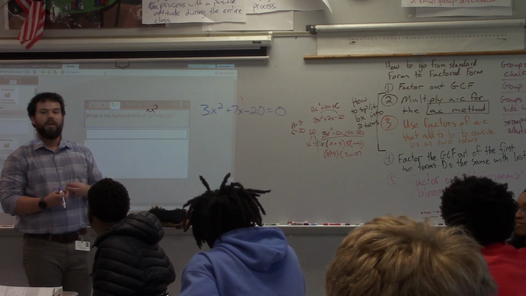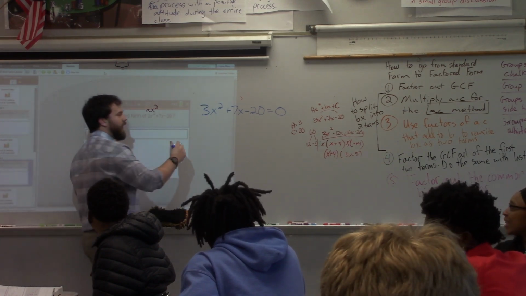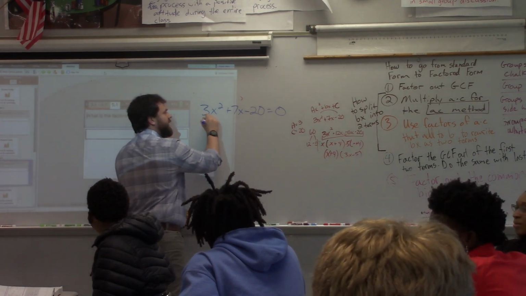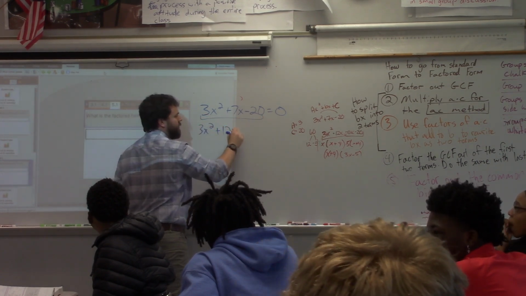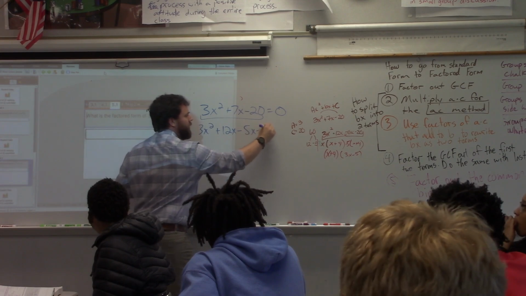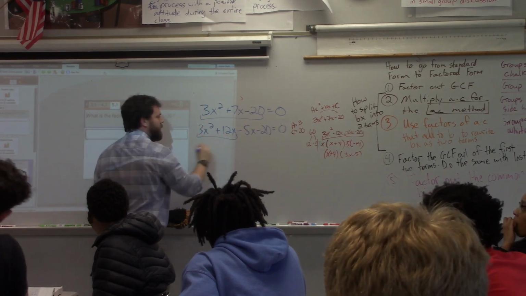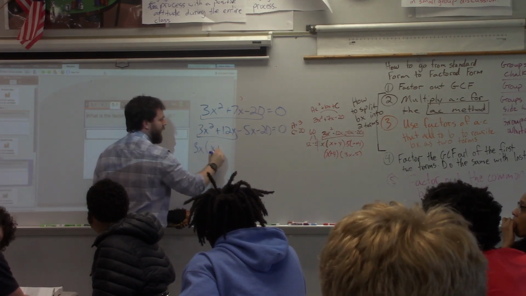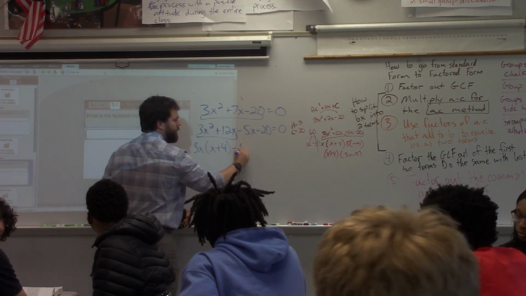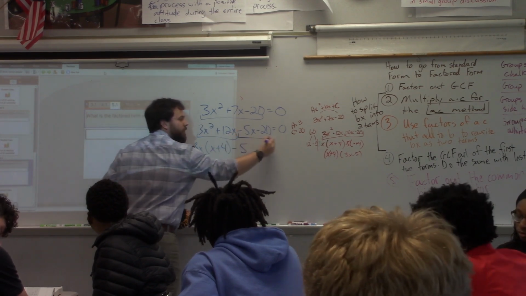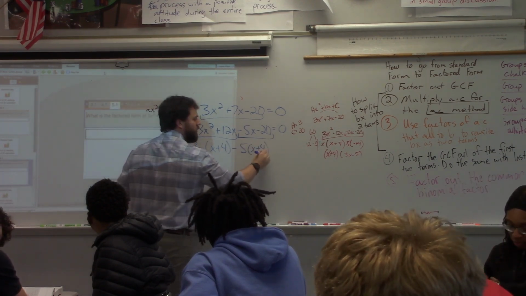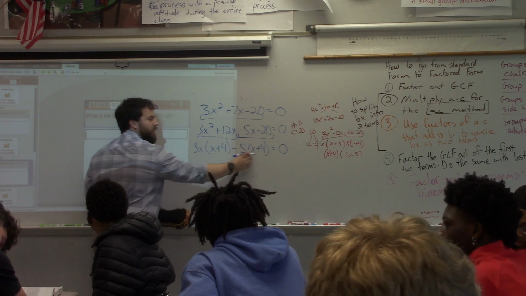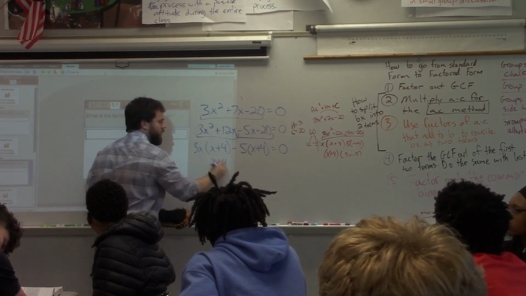But if I can rewrite it into factored form, which we just did, right? 3x squared plus 12x minus 5x minus 20 equals 0. They both have a 3x. I factor that out, which I think is actually backwards from what we just saw. But factor out the minus 5 here times x plus 4. They both have an x plus 4.